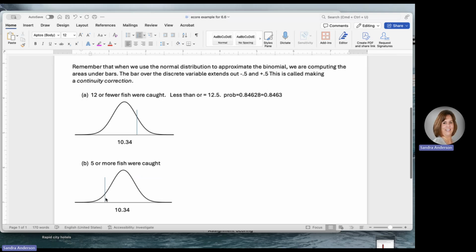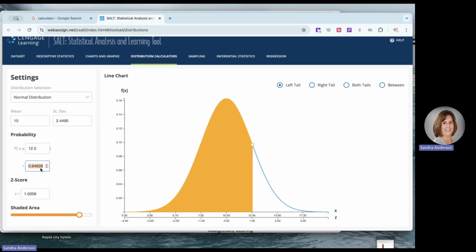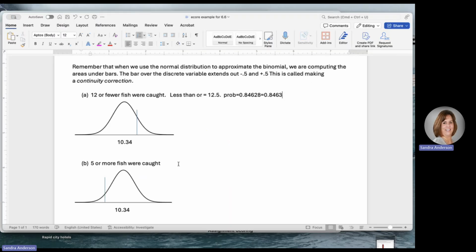If this is the 5 and we want everything to the right of 5, we really need everything to the right of 4.5 so that we encompass the 5. So it's a right tail, greater than or equal to 4.5, to encompass that 5. And then our answer is this right here. I'm going to put that on our sheet here.